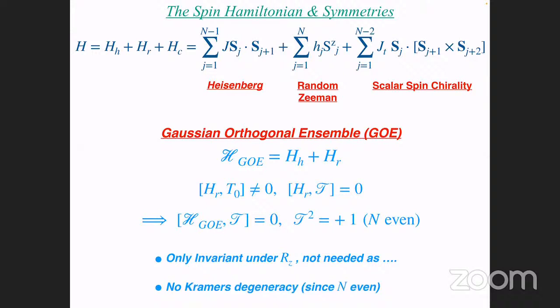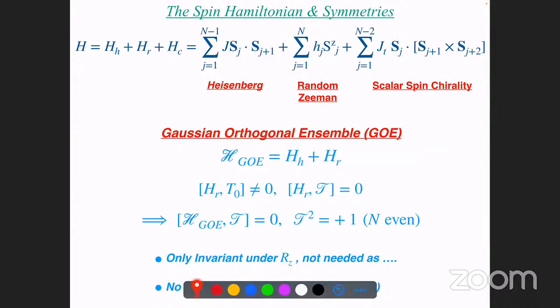So basically, we will reach the Gaussian orthogonal ensemble by taking the first two terms. Now, as you know, this H_R, the random field, is not invariant under the normal time reversal symmetry operator, but it is invariant under the unconventional time reversal symmetry operator, because that only inverts Sx, the x direction spin.